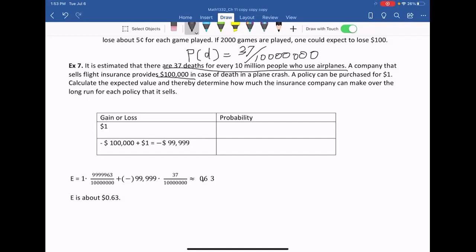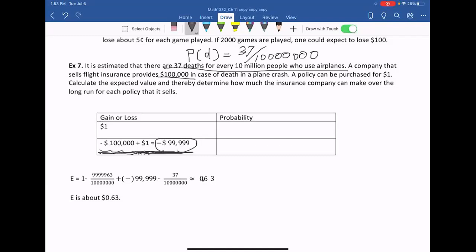So the total amount the company loses should be $100,000, and remember, they still gain $1 from the person buying the policy. So the money the company will lose for a death in a plane crash is this amount.